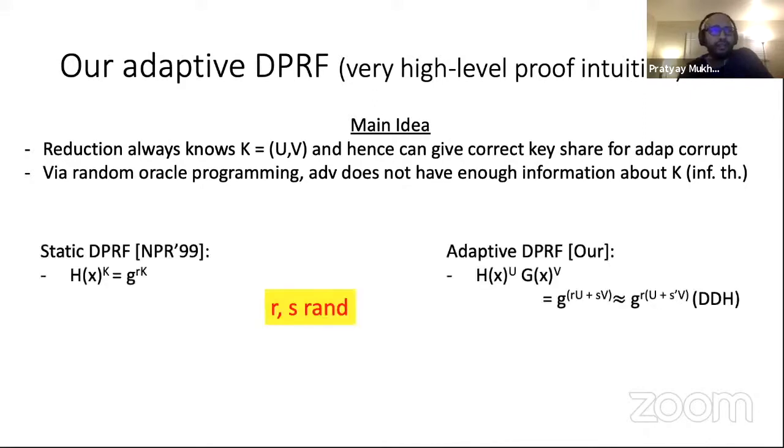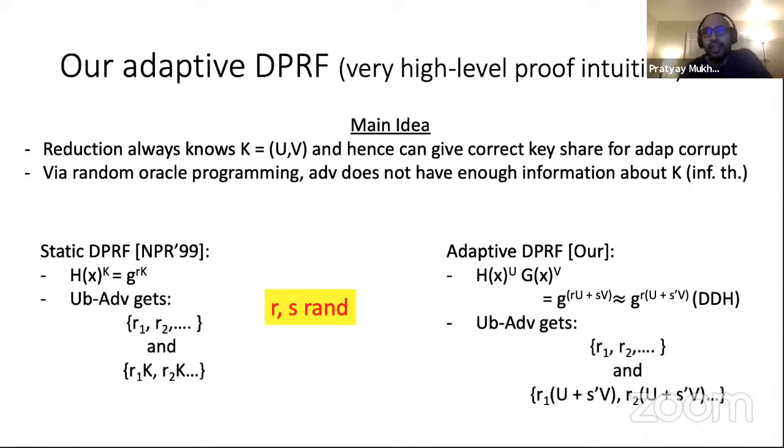Let's look into the difference between static DPRF and adaptive DPRF. In static DPRF, the construction is H(x) to the K, which is equal to g to the rk. Whereas the adaptive DPRF can be written as g to the ru plus sv. And using DDH, we can switch to a hybrid where it's g to the r times u plus s' v.